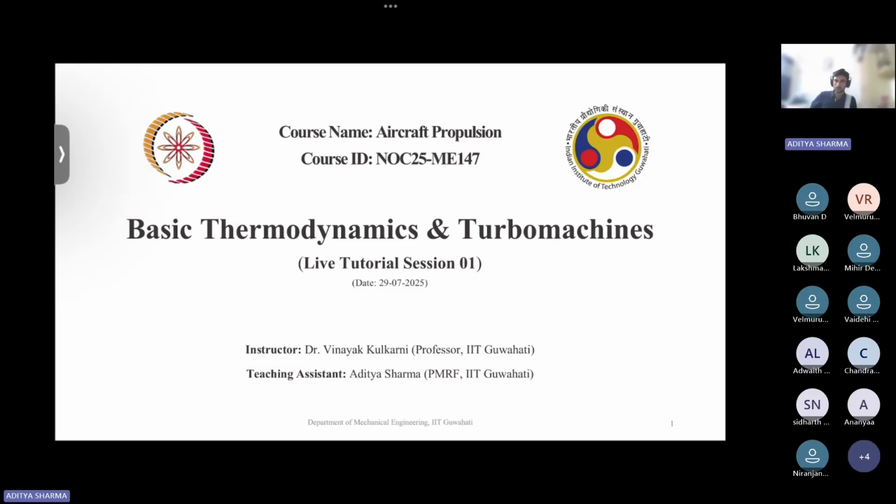Those flow processes are an integral part of this whole study of aircraft propulsion, because later we will be discussing compressors and turbines. Flow processes are the basics of all these topics.